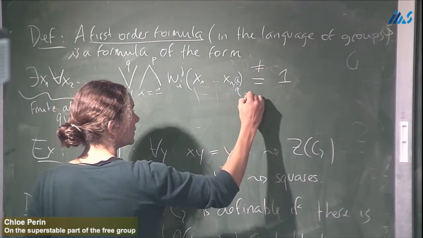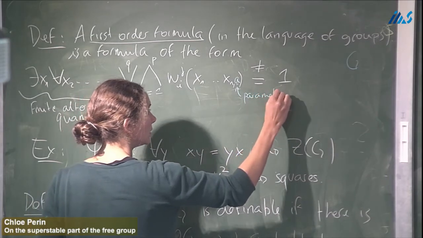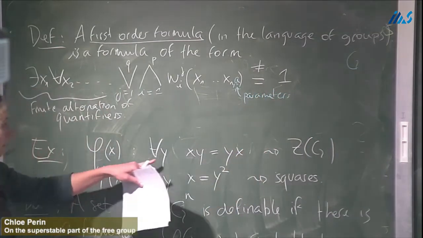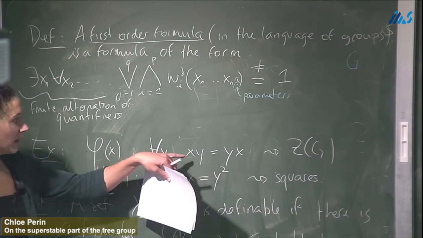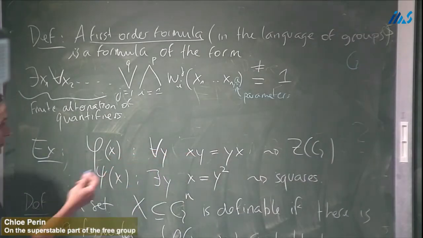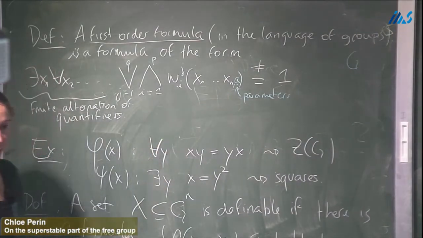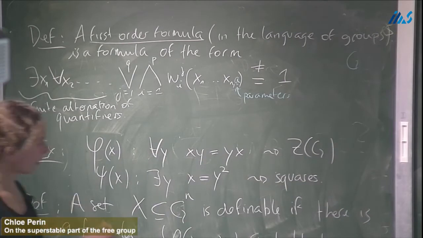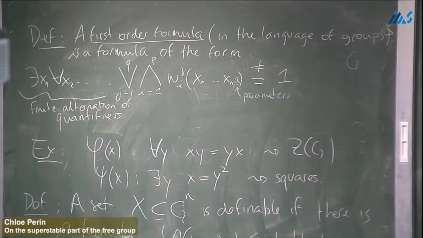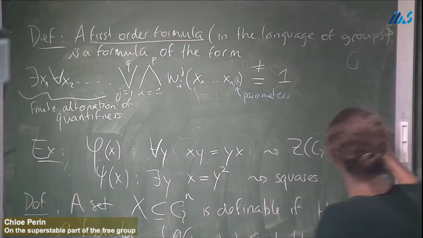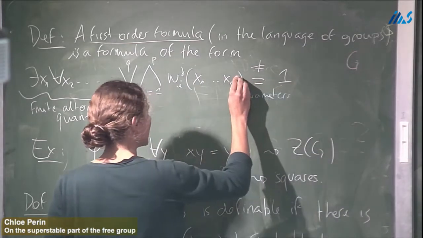and you want to add some parameters that come from the base group. So for example, here, instead of asking for elements that commute with everyone, you could ask for elements that commute with a specific element in your base group. You can't really see the green chalk. Oh, it's blue, so you really can't see it. Red should be better. So that's G, and you take some parameters.